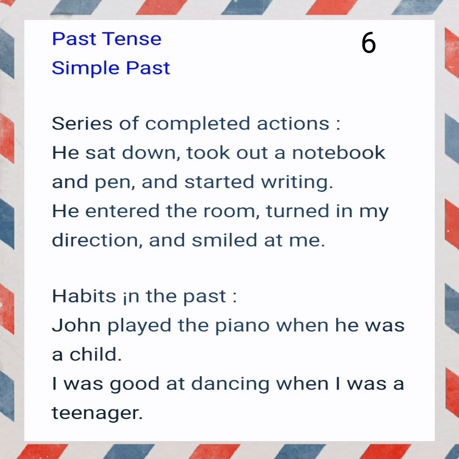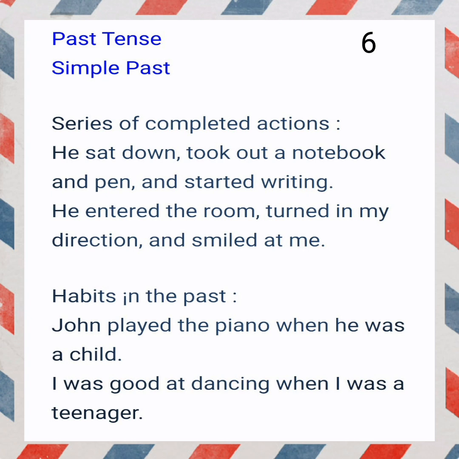Then past tense is used for habits in the past. John played the piano when he was a child. I was good at dancing when I was a teenager. So here, it is not now. When I was a teenager, I was good at dancing. When I was a child, I played the piano. That means not now.